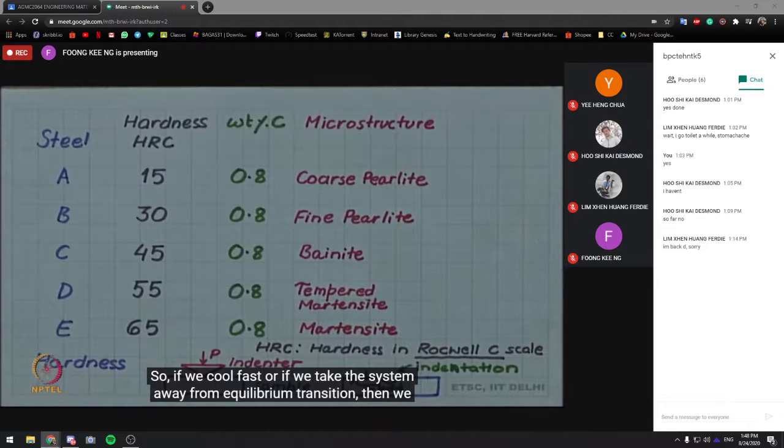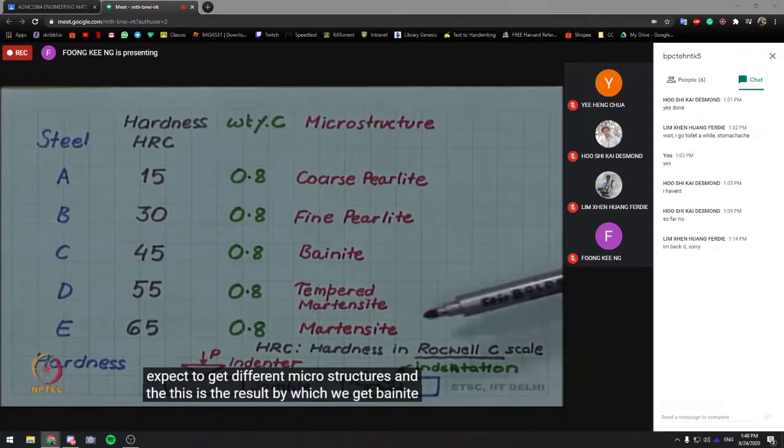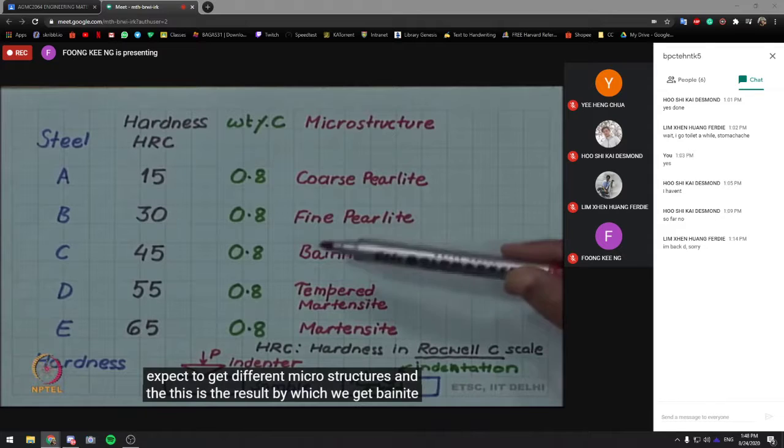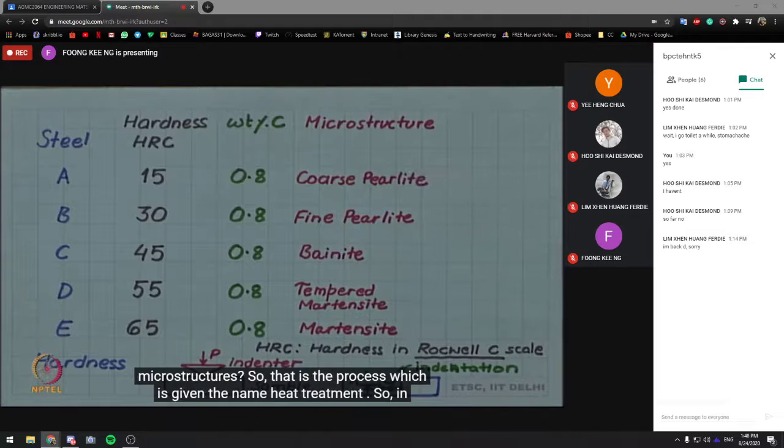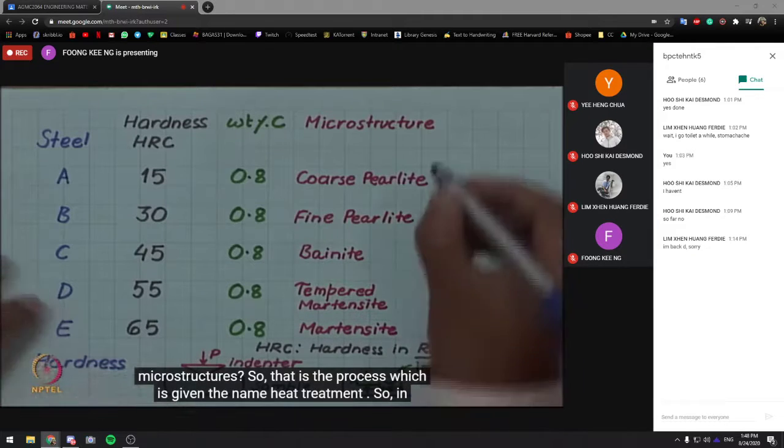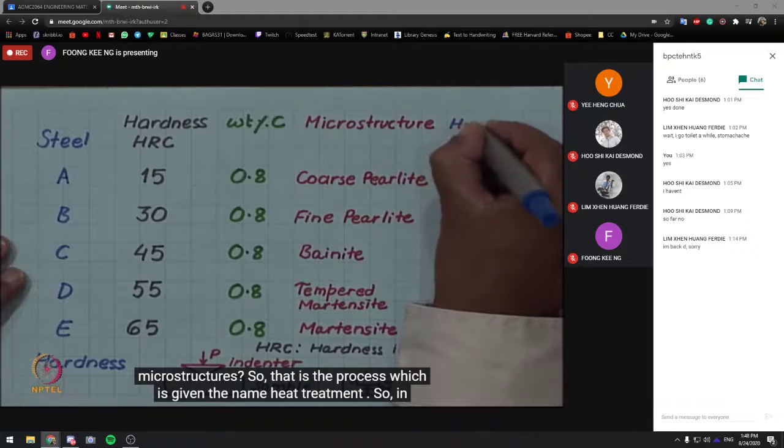So if we cool fast, or if we take the system away from equilibrium transition, then we expect to get different microstructures, and this is the result by which we get bainite, tempered martensite and martensite. How are we able to produce these different microstructures? So that's a process which is given the name heat treatment.